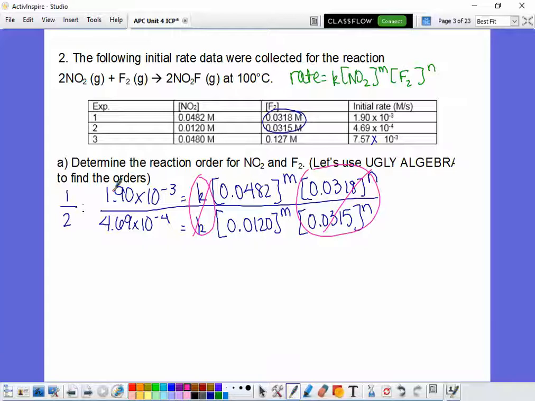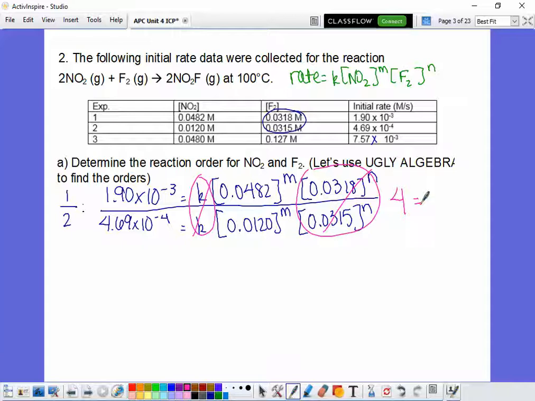Okay? So now in your calculators, you're going to solve the left side. It should be around a whole number, or if it's not a whole number, then write down more of it. But if it's close to a whole number, make it a whole number. So when you do 1.9 times 10 to the negative 3 over 4.69 times 10 to the negative 4, you should get around 4.